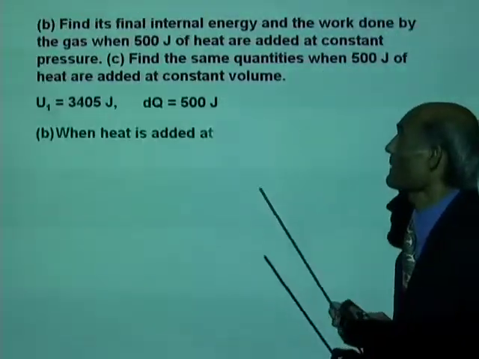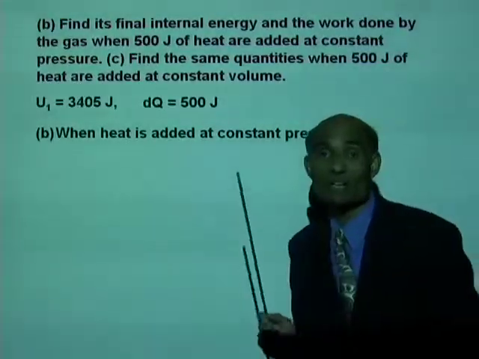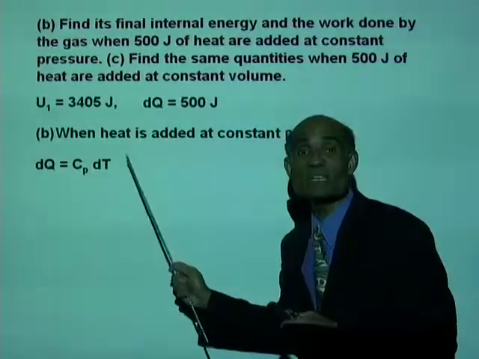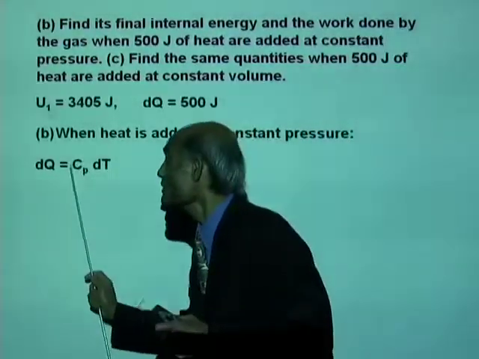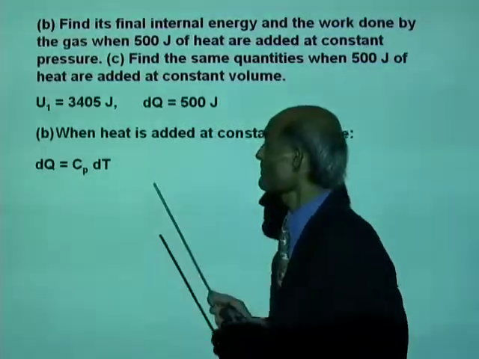Now, find its final internal energy and work done when 500 joules of heat are added at constant pressure. When heat is added at constant pressure, dQ equals Cp dT, because the definition of Cp is dQ over dT.